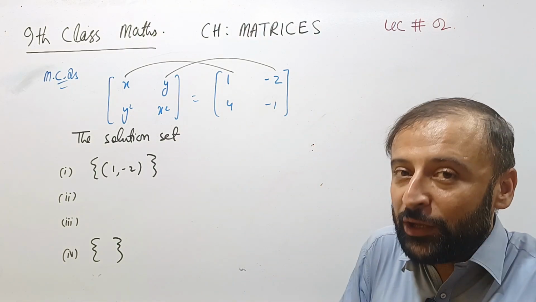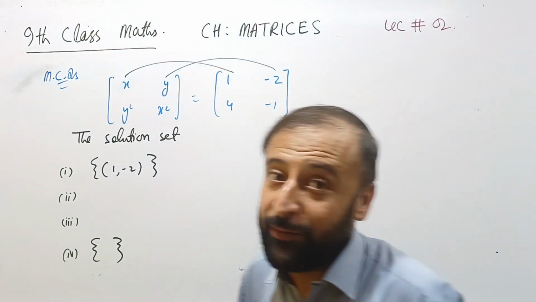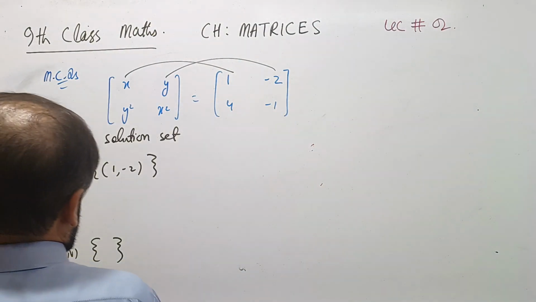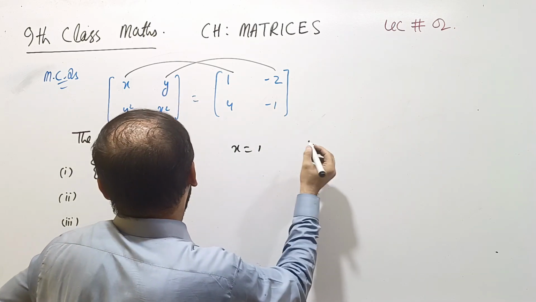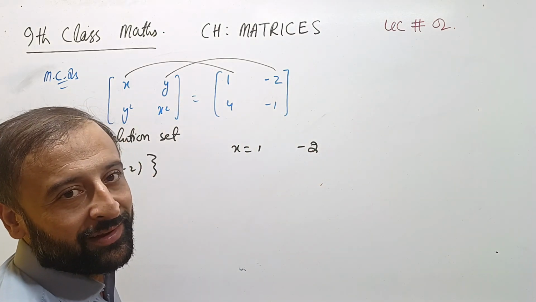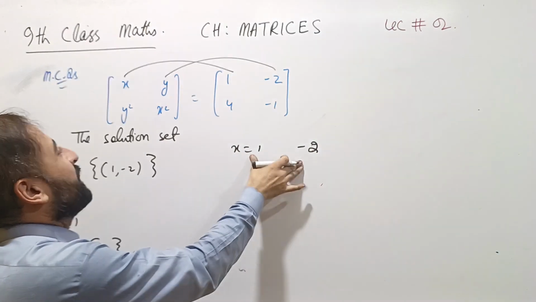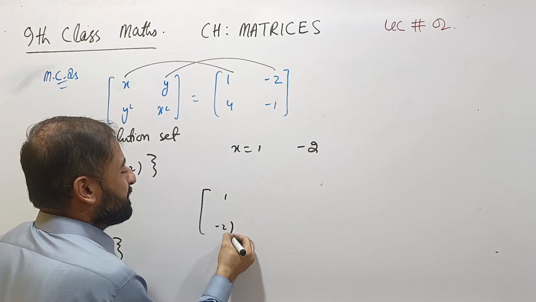Solution means the values of the unknowns that will satisfy the given problem. If you say that the value of x is 1 and the value of y is minus 2, but it needs x square to be equal to minus 1, and that is not possible if you put these values over here. Value of x is 1, y is minus 2.